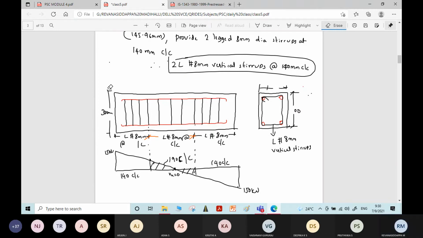Okay, change the values. 4 legged, the overall depth is also different. Overall depth is 1500.